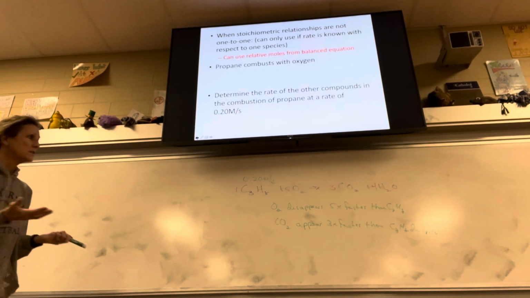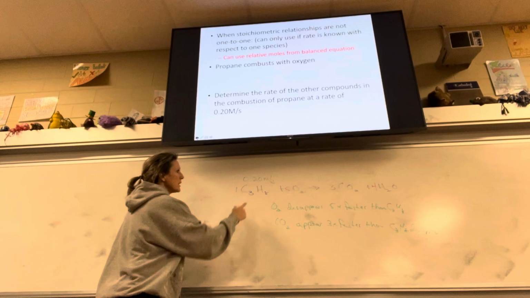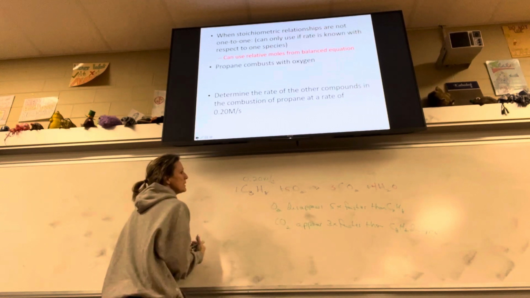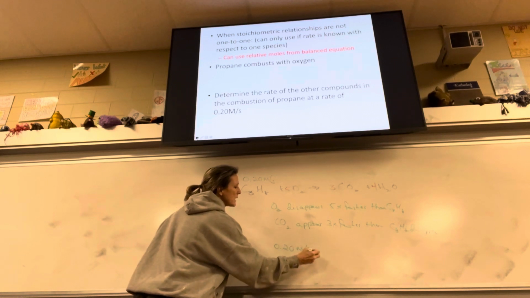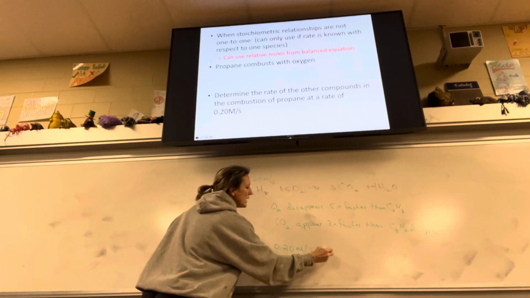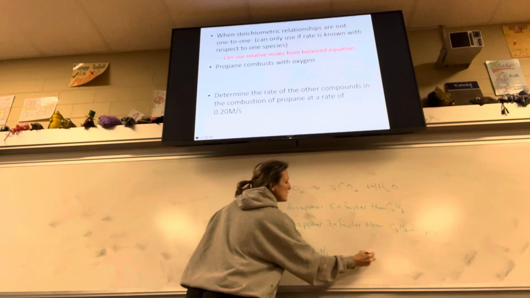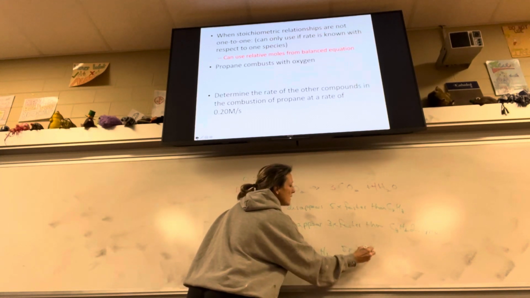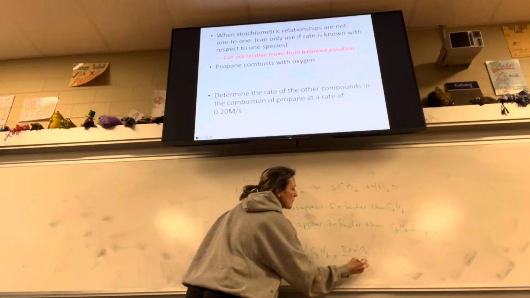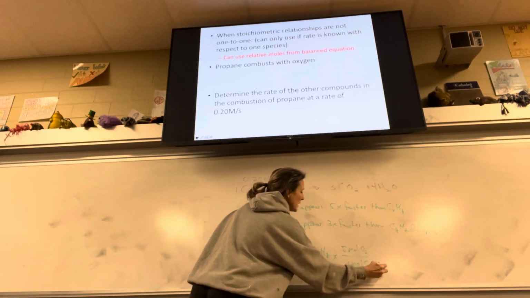So again, it's just your typical stoichiometry. If we wanted to look at the disappearance of the oxygen, we have 0.20 molar per second of the C3H8, and then we use our mole ratio of 5 moles of oxygen over 1 mole of C3H8.